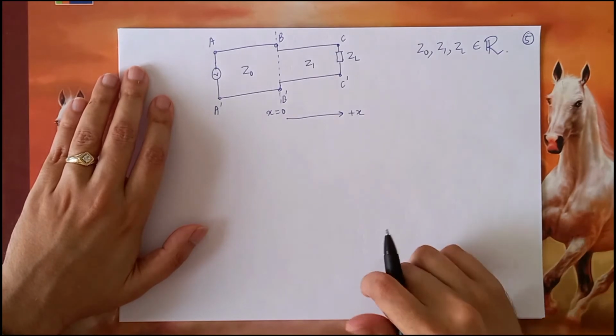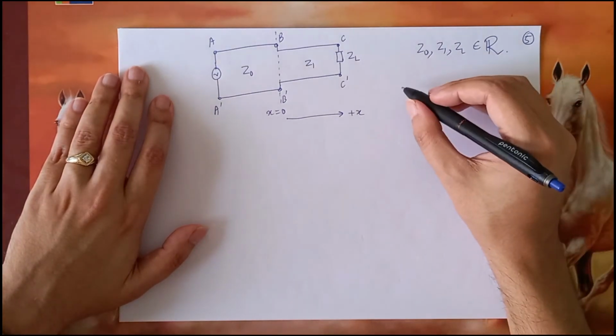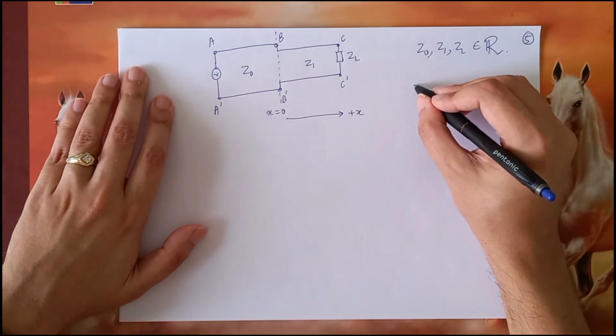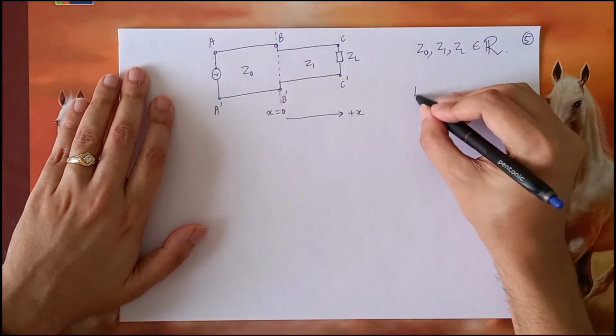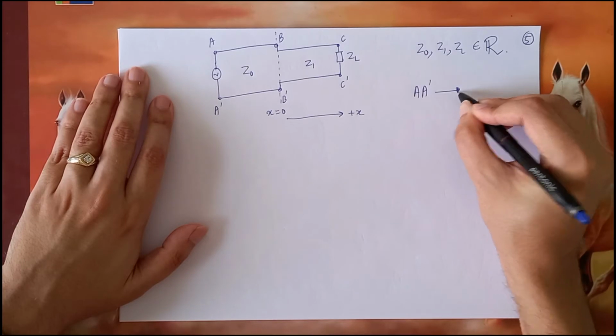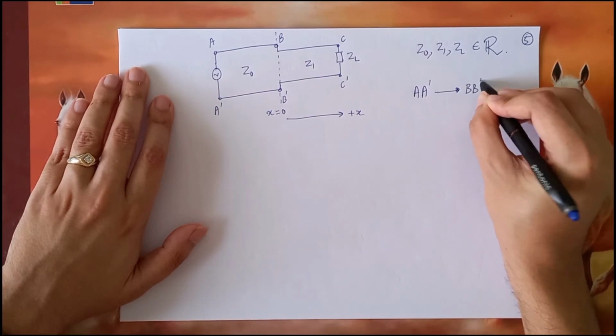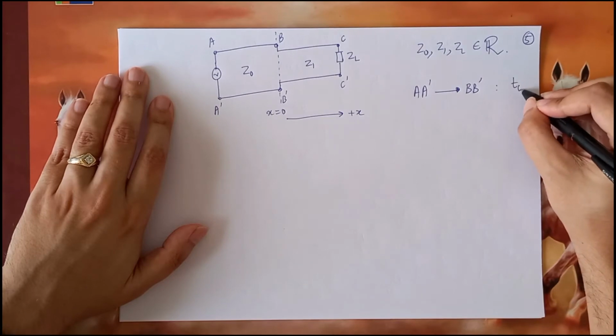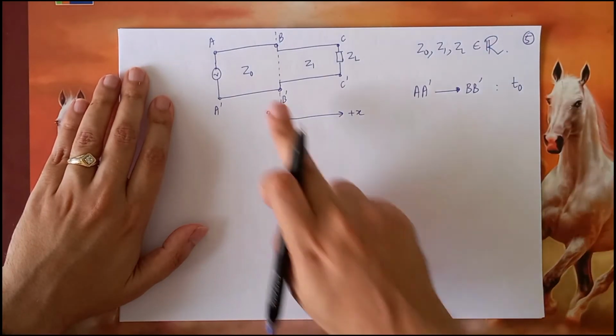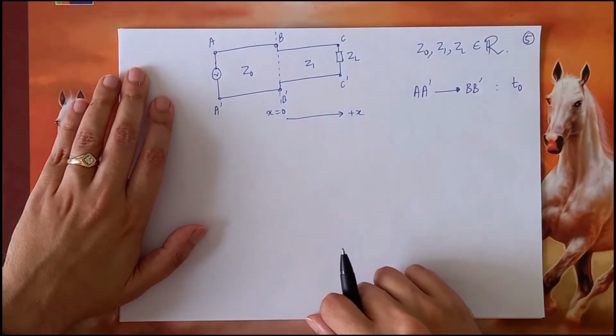So let us define some quantities. For a wave to travel from AA prime to BB prime, the time taken is some T0, because it is traveling through this line Z0.